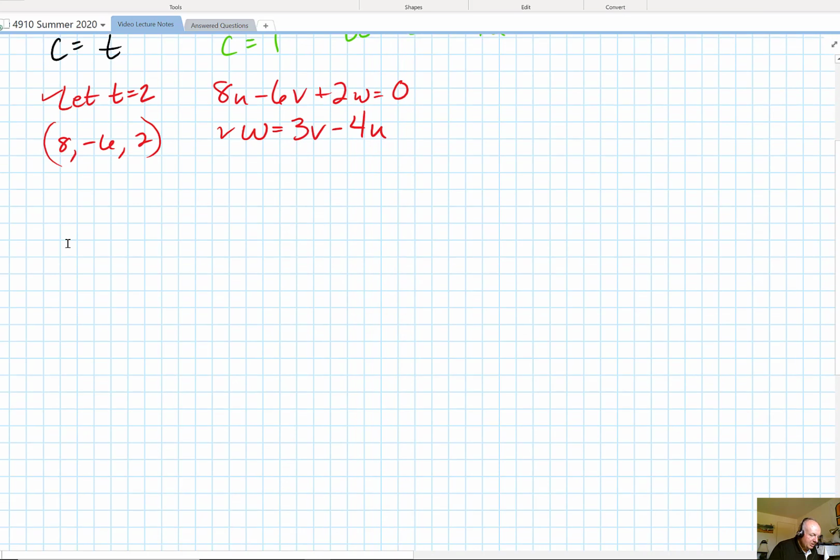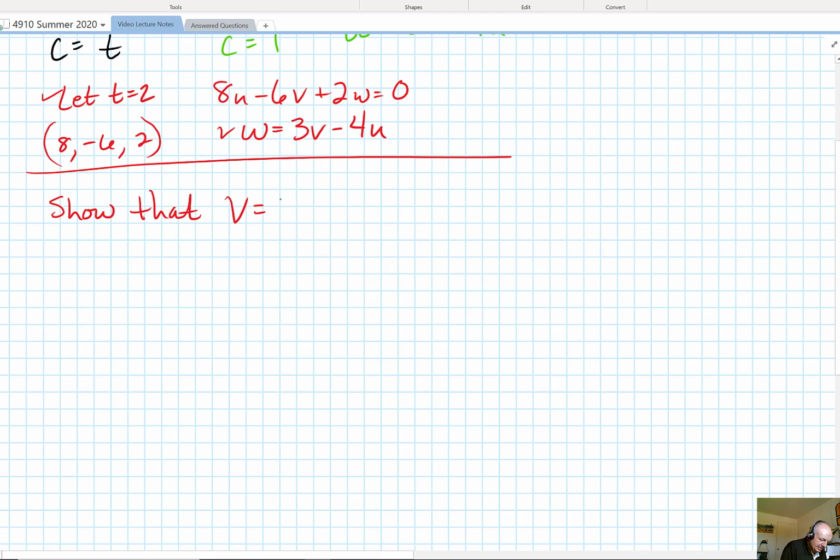So let me give you an example. Show that V, which is the set of all points x, y, z, or vectors, such that x plus y plus z equals 0, is closed under addition.